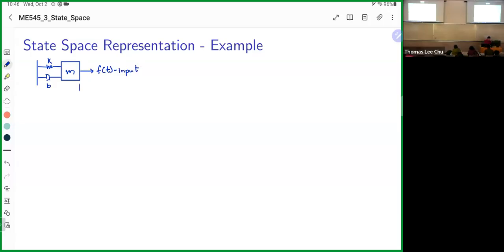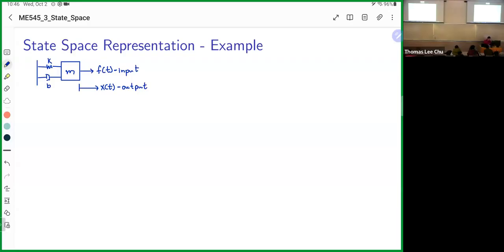And now let's say I'm measuring my position. We want X of T, the position, to be my output. So now that I specify which state I want to measure, we can determine our output equation as well.